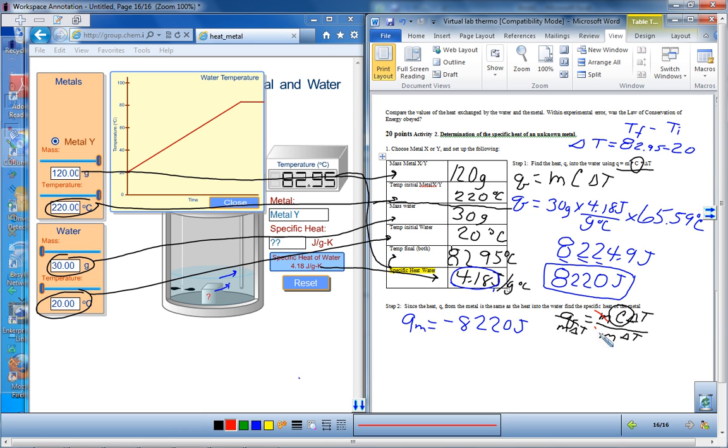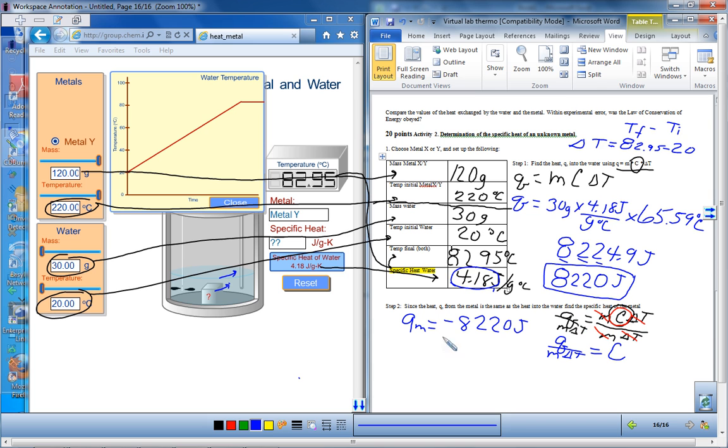M on the top, M on the bottom, delta T on the top, delta T on the bottom. So we end up with C by itself. So let's rewrite that as Q divided by m delta T, and that's going to be equal to my heat capacity, C. That's what I'm looking for.